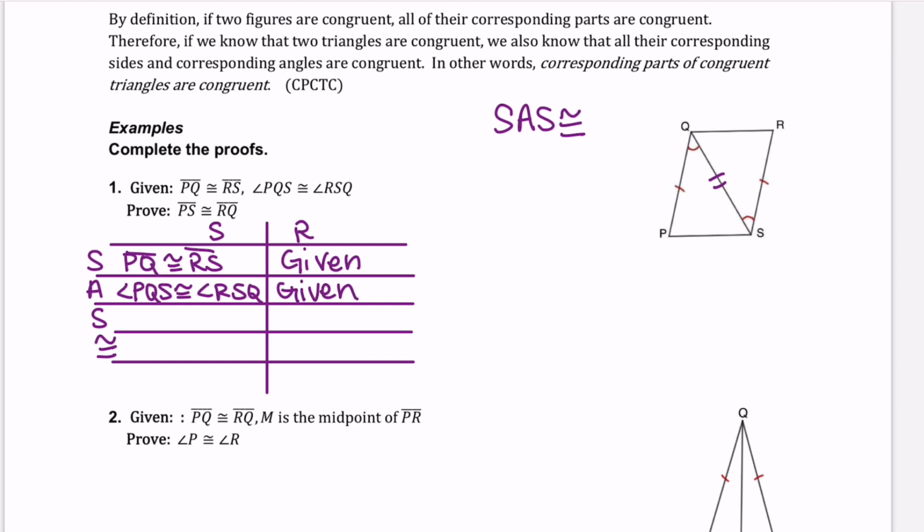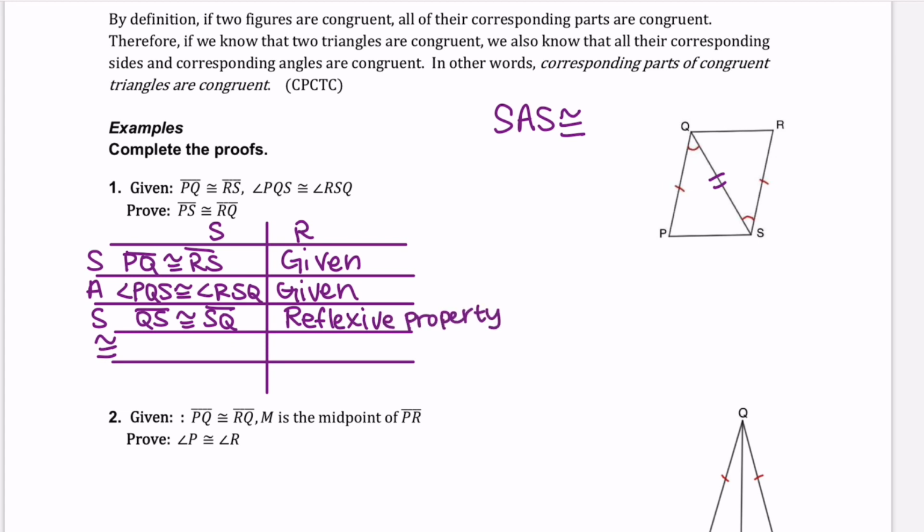Now our last side is QS. QS is going to go with SQ on the other side. And the reason for that is it is a reflexive line.